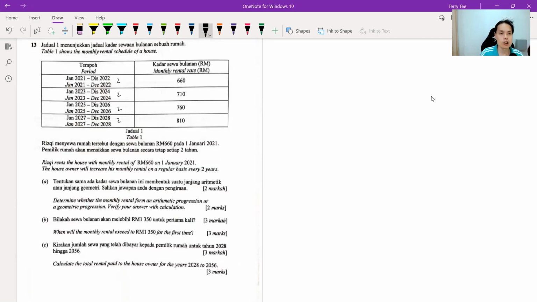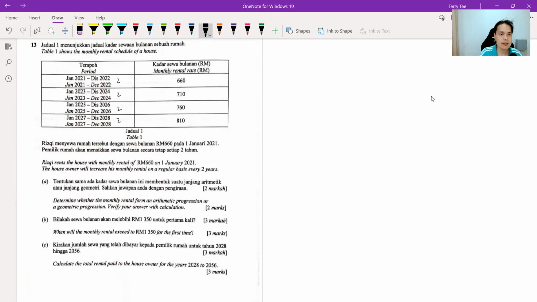So every 2 years, the house owner will increase the monthly rental on a regular basis. Determine whether the monthly rentals form an arithmetic or geometric progression. Verify your answer with calculation.